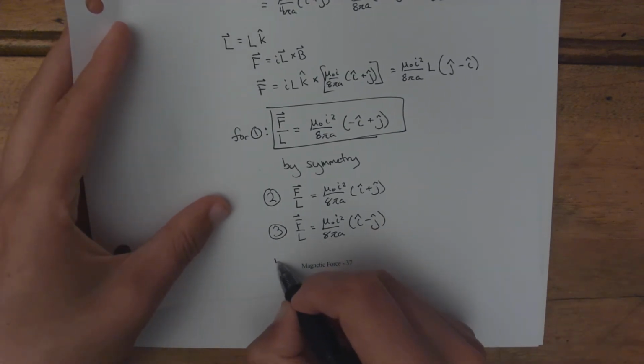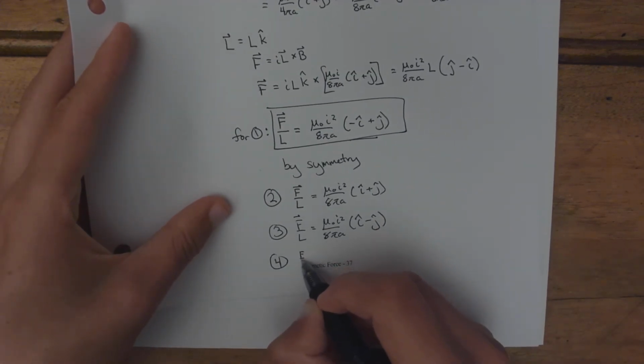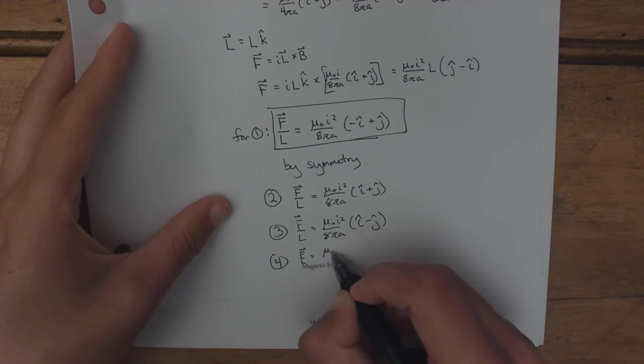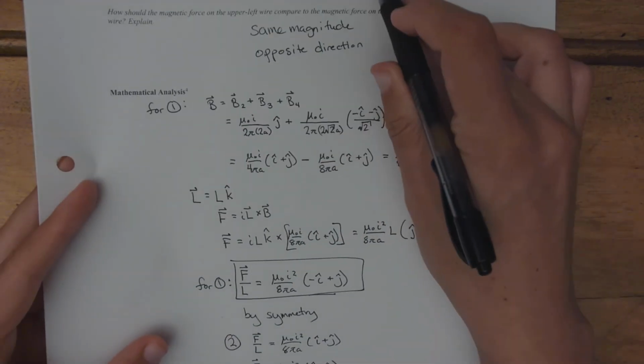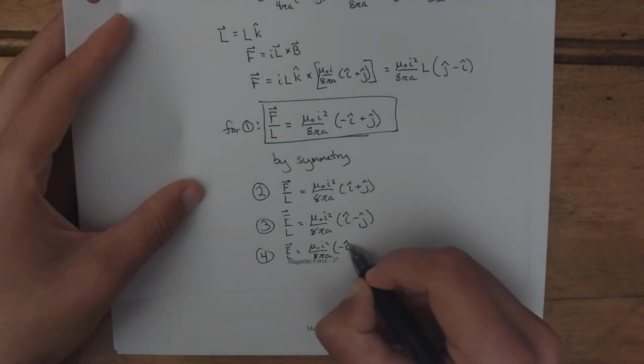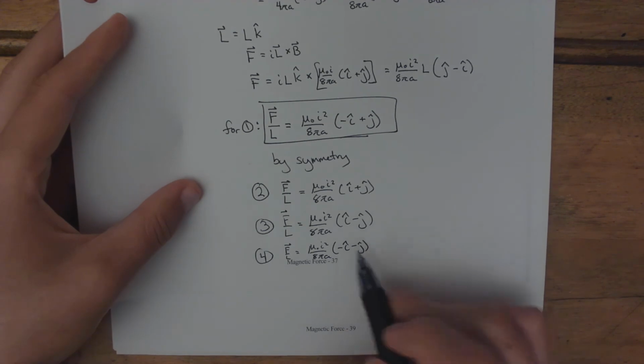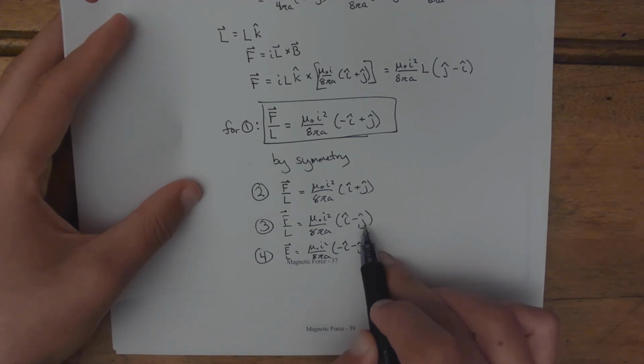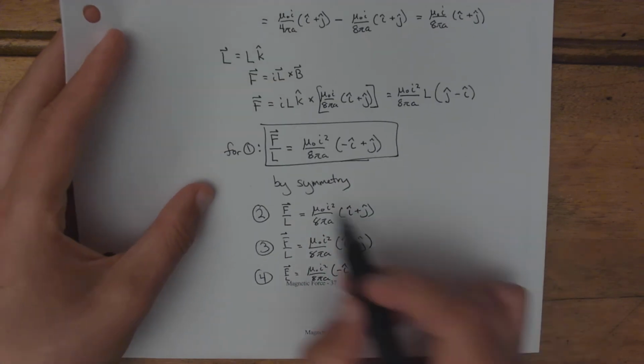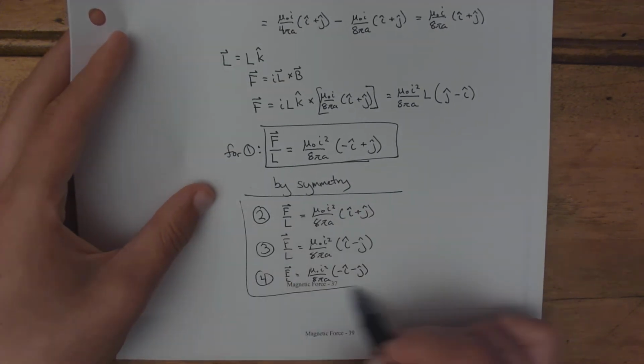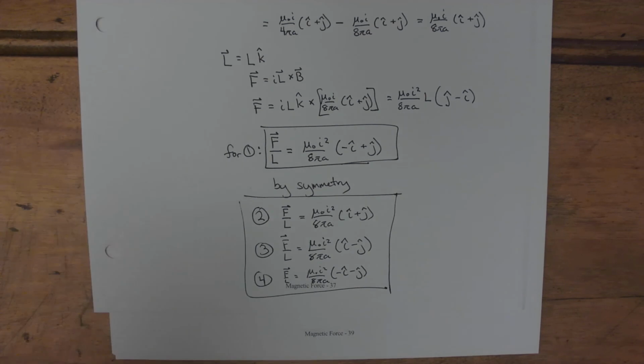And for wire number 4, same magnitude, mu naught I squared divided by 8 pi a, that's minus i hat minus j hat. Then let's just check. This is positive, positive. This is negative, negative. This is plus i hat minus j hat. That's minus i hat plus j hat. Okay. And that concludes problem 37.